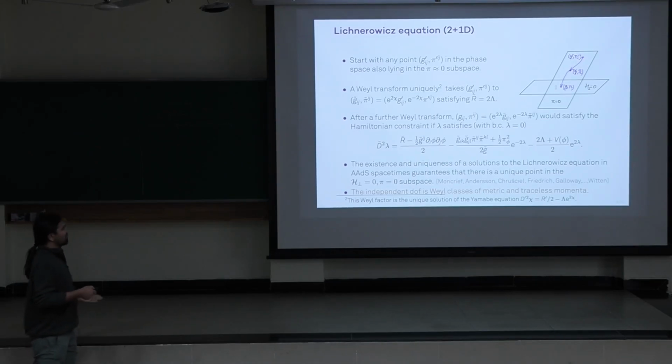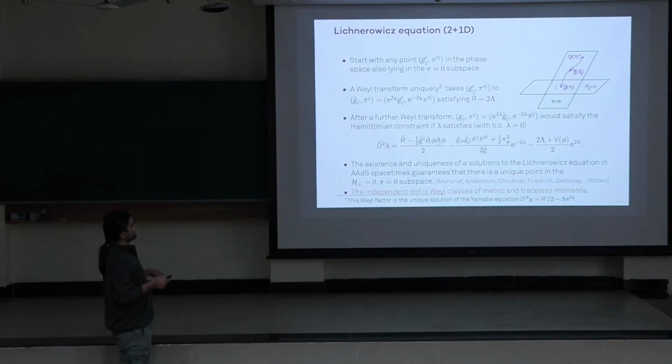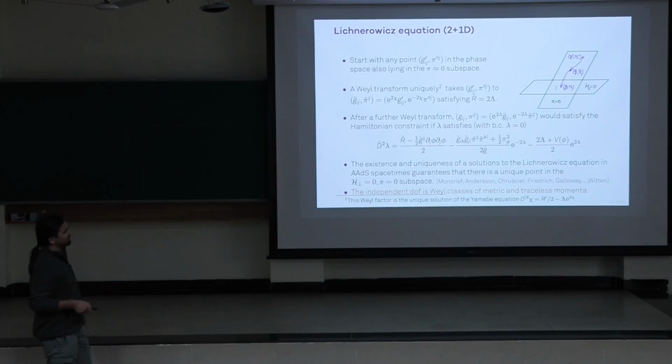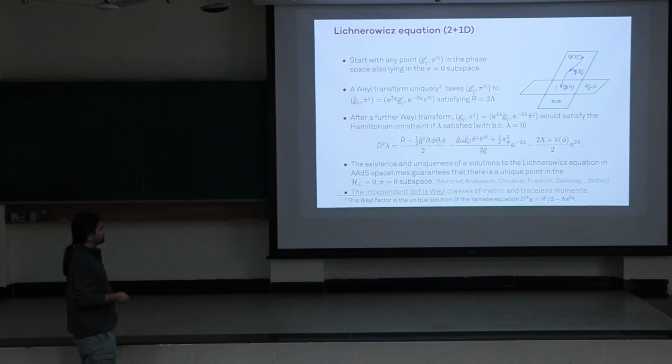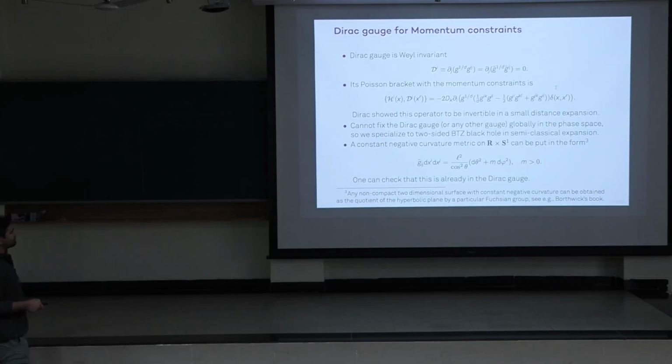Right. So the final result is that you can always fix this gauge globally in the phase space. Once you do that, the remaining degrees of freedom are the Weyl class of the metric and the traceless momenta. So it gets rid of 1 degree of freedom each from both.